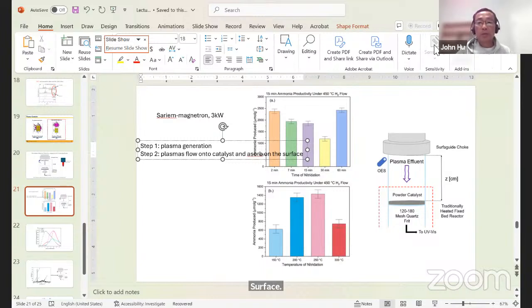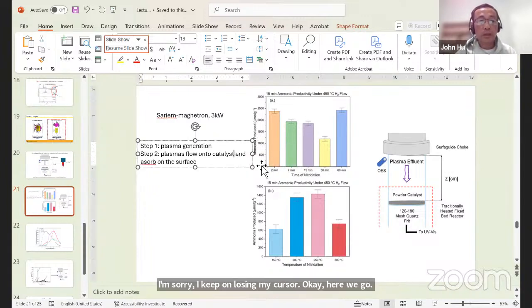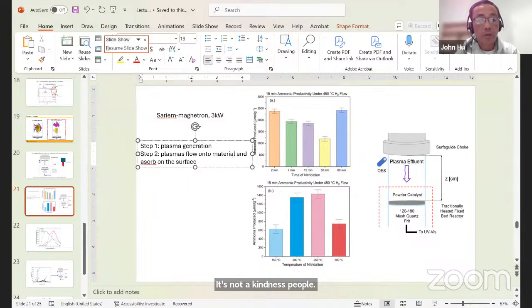I'm sorry, I keep losing my cursor. It's not the catalyst, it's the material. I'm sorry, my typing skill is not good. That's why teaching in the classroom is so easy.